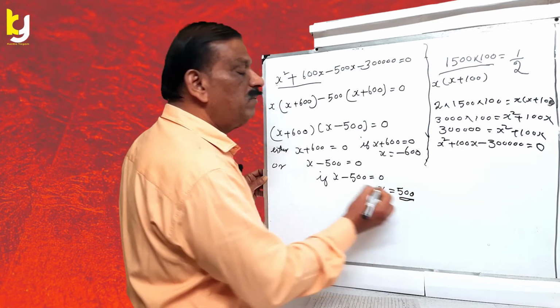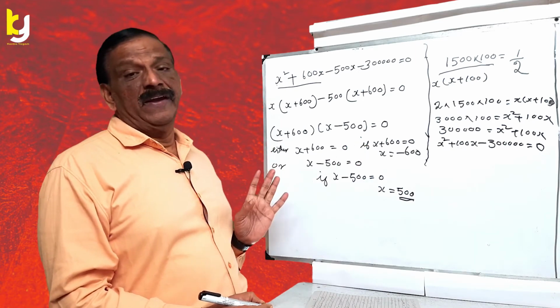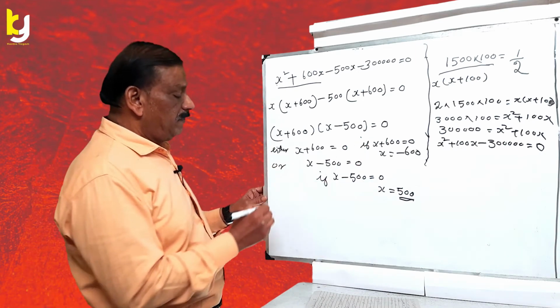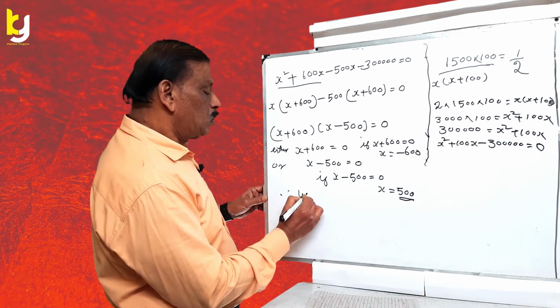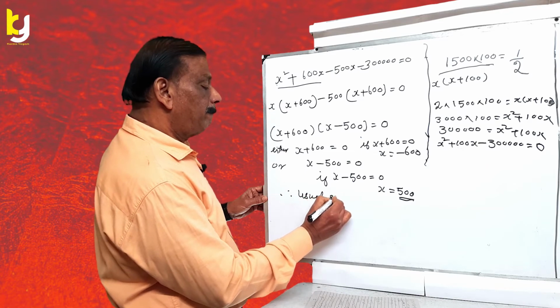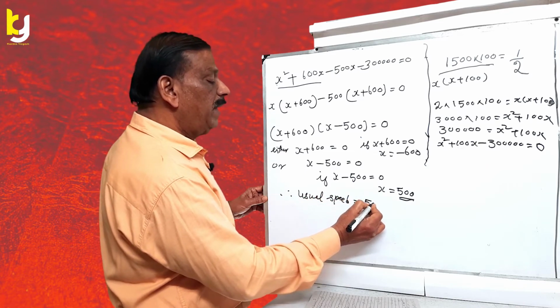So 500 we will take. So the usual speed is 500. That is the usual speed. Therefore, usual speed equals 500.